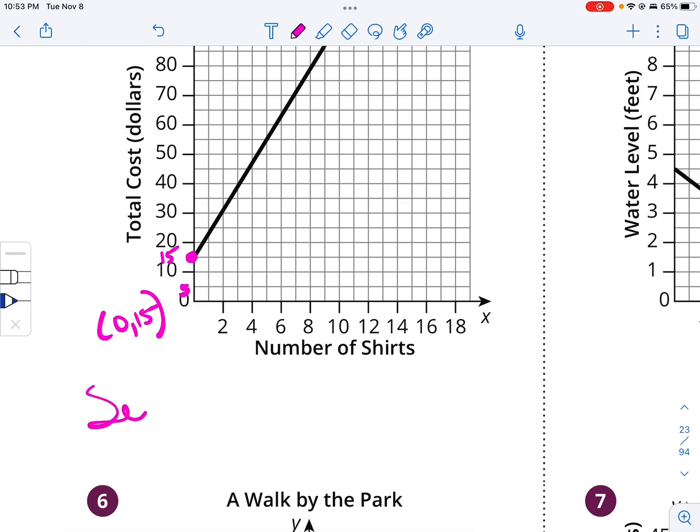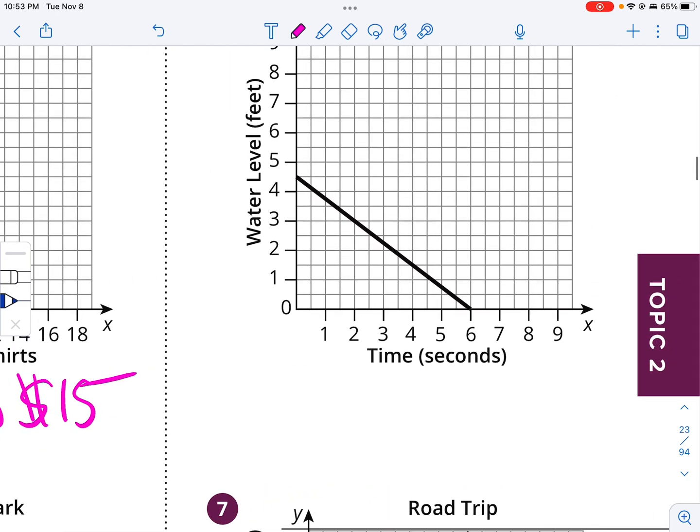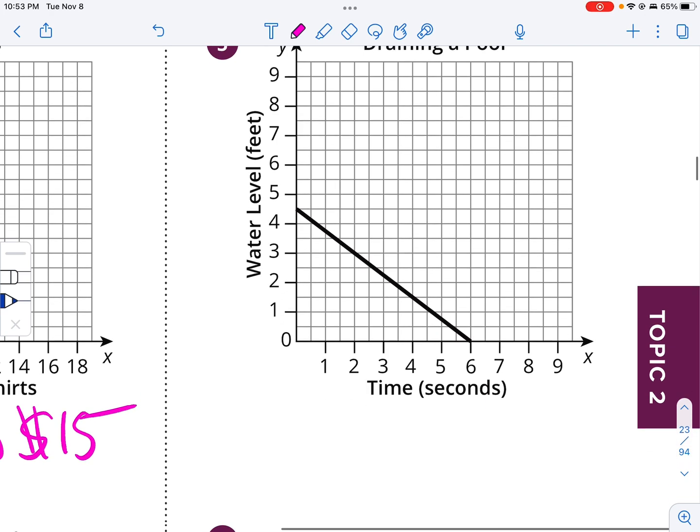So that means my setup fee is $15. Over here, it just wants the y-intercept, right? It's halfway between 4 and 5, so this point right here is the point (0, 4.5).